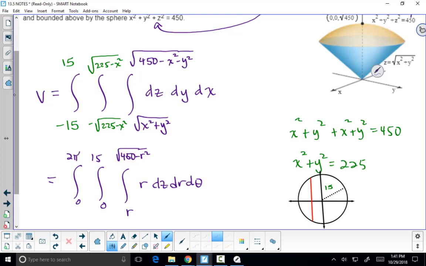Because the setup is that, it makes you enter it in that way, and then you can solve it. Because in the very end, they just ask you for the actual volume, right? Yeah. That you definitely want to convert to cylindrical. I'm not just saying that.